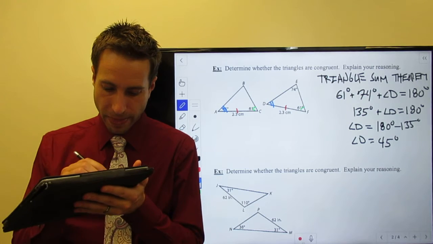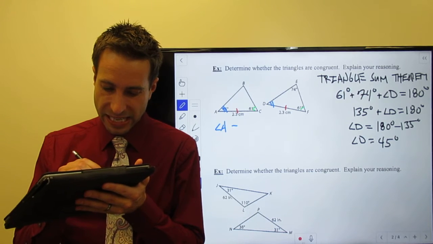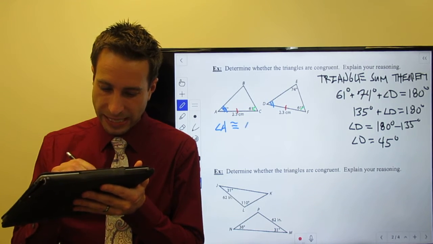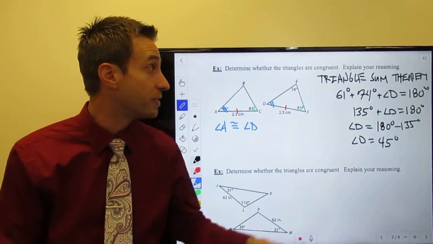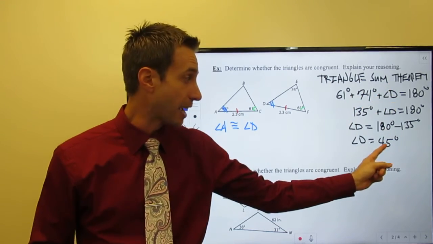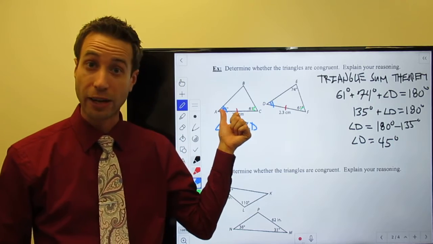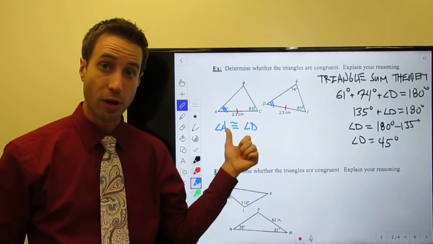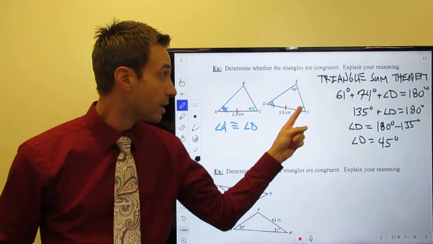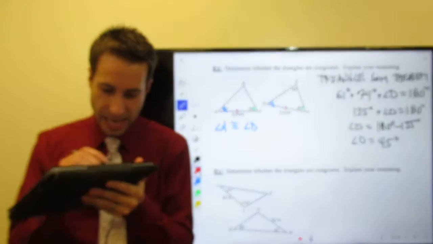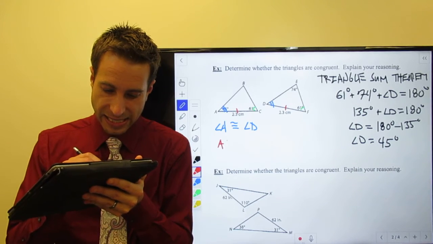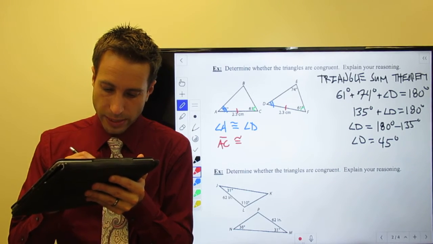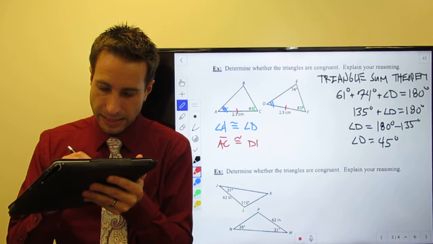So here's what I know. I know that angle A is congruent to angle D. I just proved it using the triangle sum theorem. Angle D is 45, and I told you angle A was 45. So corresponding angles, awesome, right? Next, corresponding sides. I know that side AC is congruent to side DF.